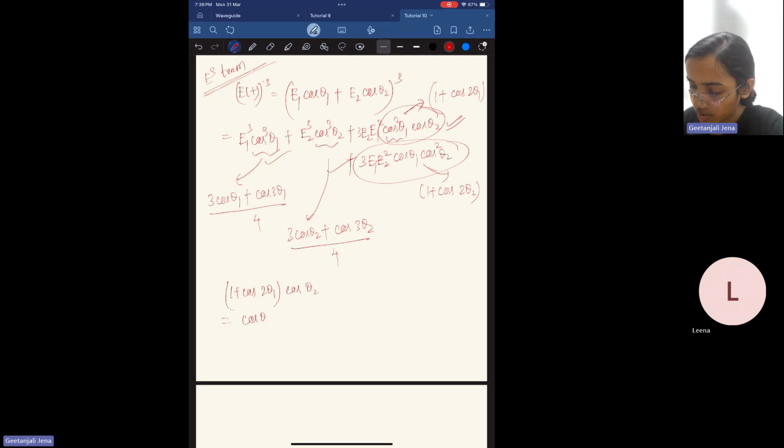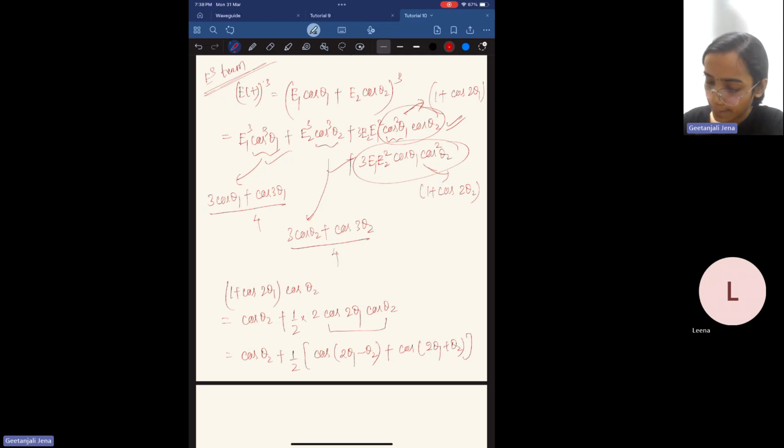So this is cos theta 2 plus half 2 cos 2 theta 1 cos theta 2. So this is cos A cos B. So we have cos theta 2 plus half of cos A minus B, which is 2 theta 1 minus theta 2, plus cos A plus B, 2 theta 1 plus theta 2.